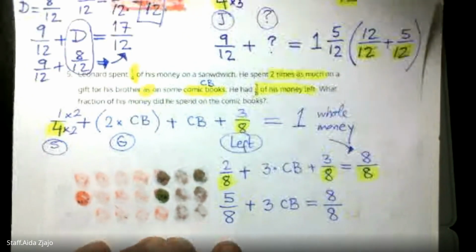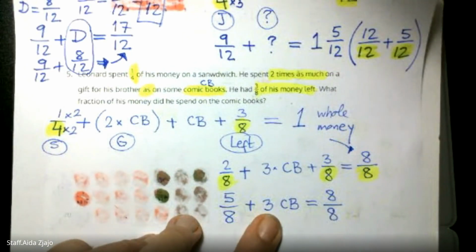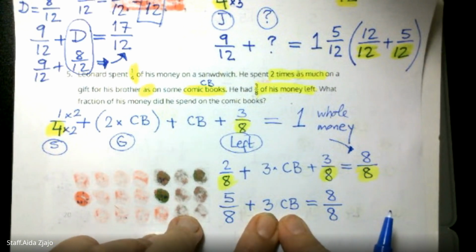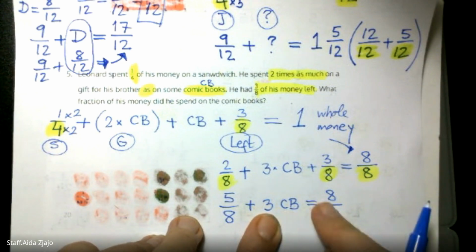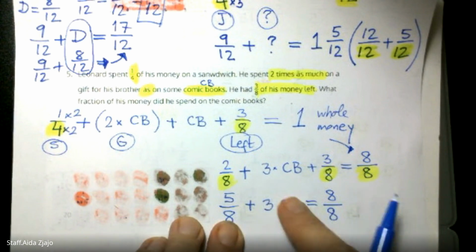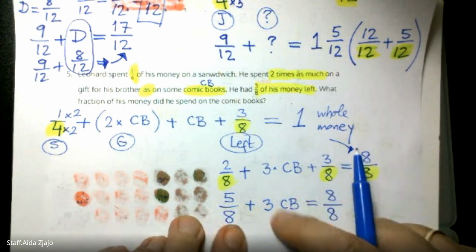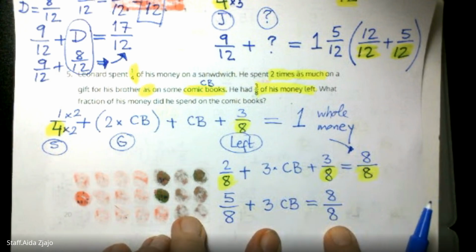So when we think about it, 3 groups of what will make 8/8? The answer here has to be 3/8 because 5/8 plus 3/8 makes 8/8.